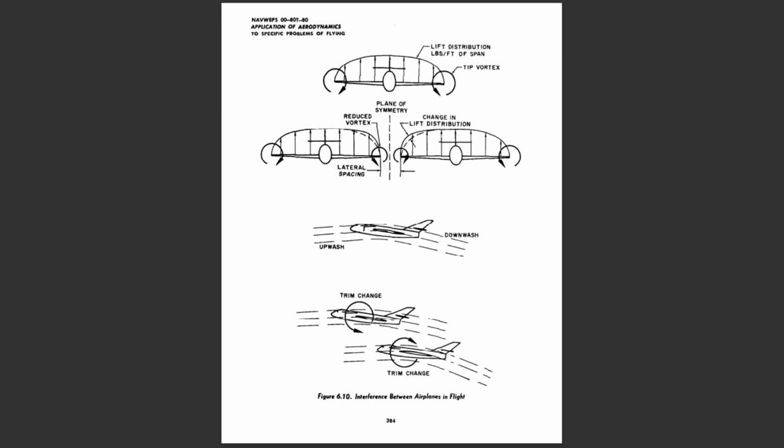Thus, when the airplanes are in close proximity, a definite collision possibility exists because of the trim change experienced by each airplane. The magnitude of the trim change is greatest when the airplanes are operating at high lift coefficients, e.g., low-speed flight, and when the airplanes are in close proximity. In formation flying, this sort of interference must be appreciated and anticipated.